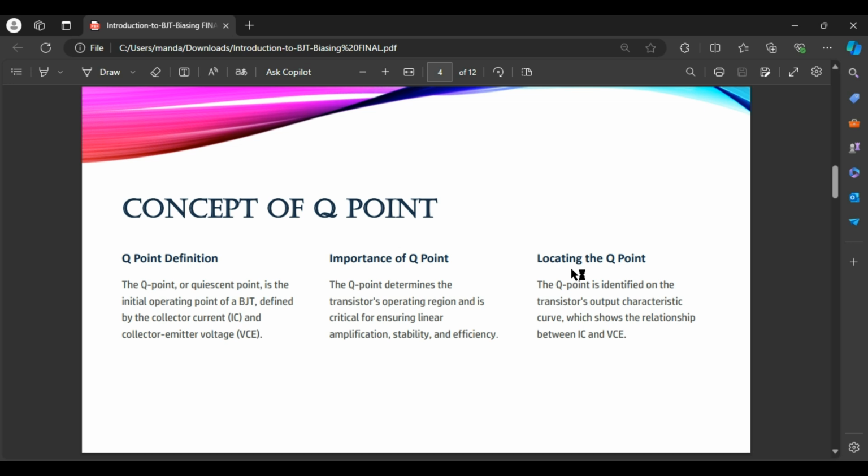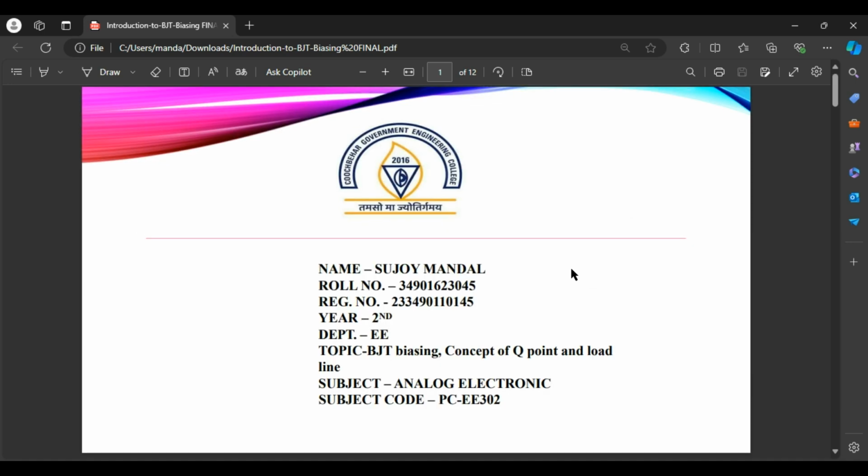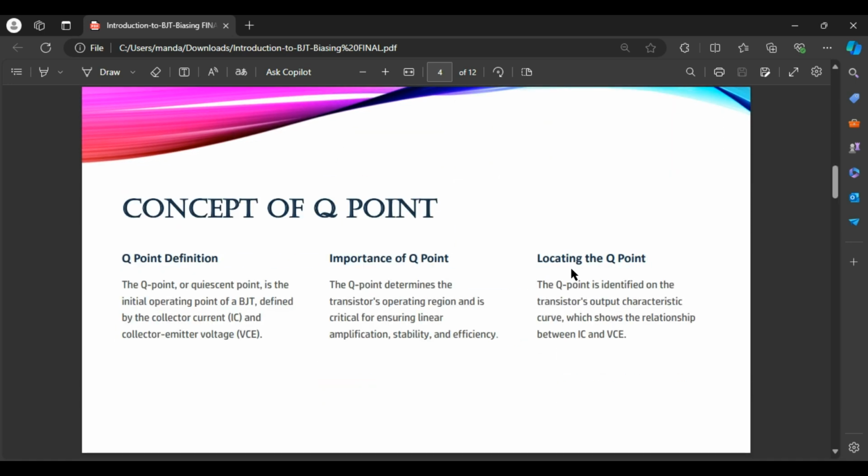Concept of Q point. Q point definition: the Q point, or quiescent point, is the initial operating point of a BJT, defined by the collector current and collector-emitter voltage.